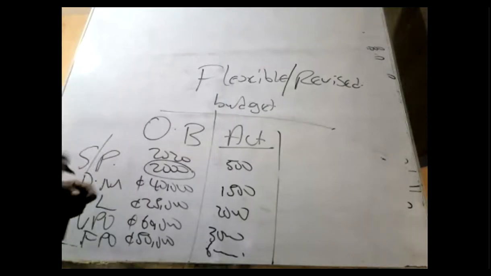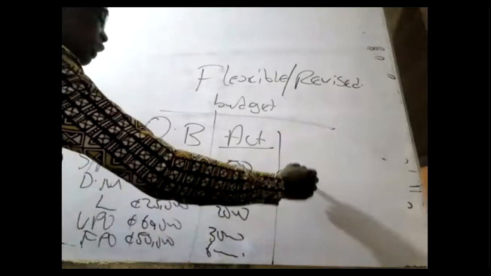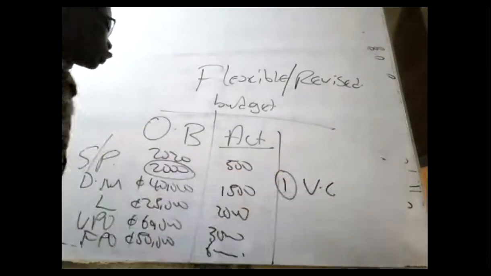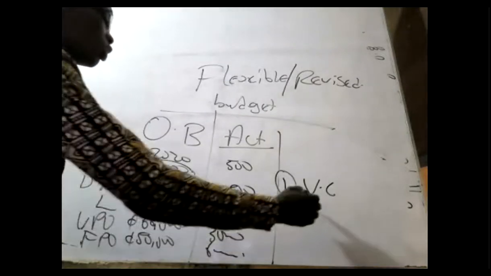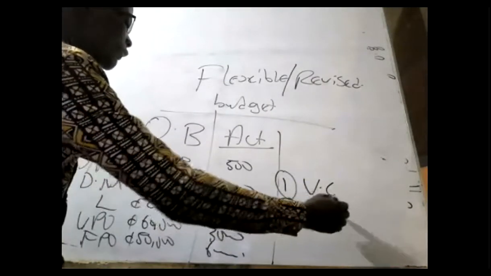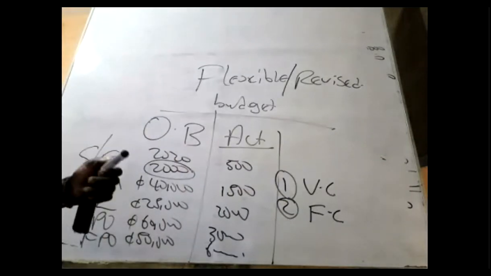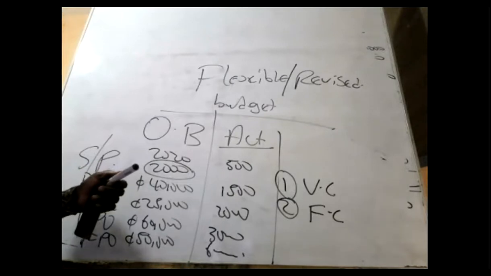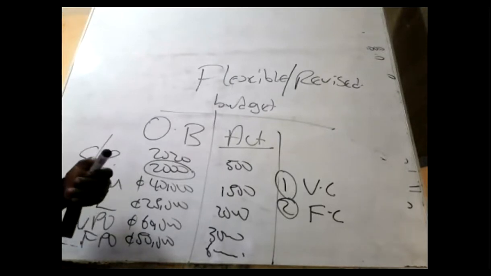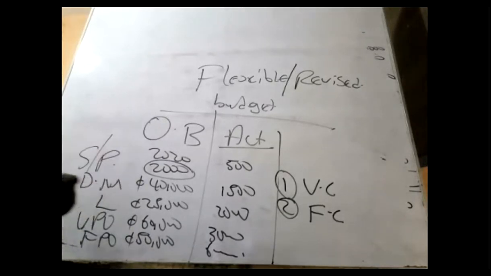Now let me list the rules for you. Rule number 1, tell the examiner, we only flex variable cost. Rule 2, we don't flex fixed cost. Fixed cost is fixed. Whether there is COVID or no COVID, so long as you are living in your premises, you're paying the rent. That is all. So fixed cost need not be flexed.